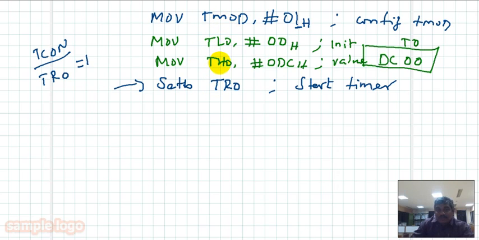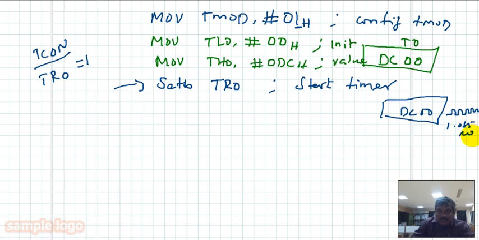See, only here the timer will start. So far you were only loading the initial values, nothing else. But here you are starting the timer. You already loaded some value in the timer register, that is DC00. When you start timer 0, the oscillator will generate some frequency. The duration of one clock is 1.085 microsecond.